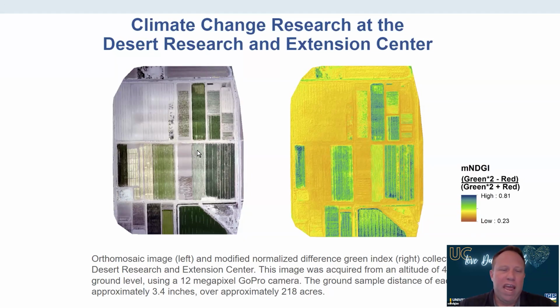And I use this as an example to show that you don't necessarily need a fancy multi-$1,000 drone to fly and get good, valuable data. In this case, this was flown with just a GoPro camera back in the early days of our delving into drone applications.